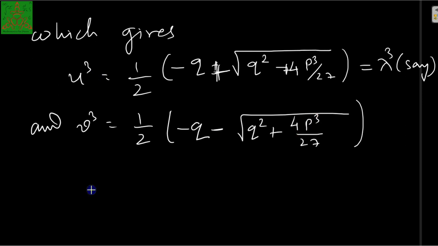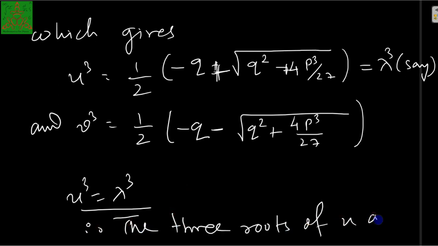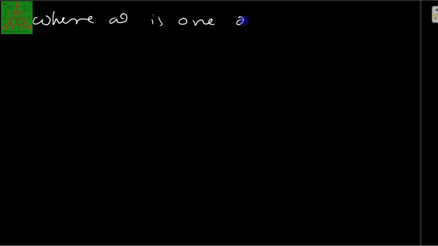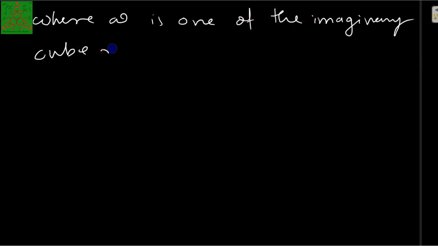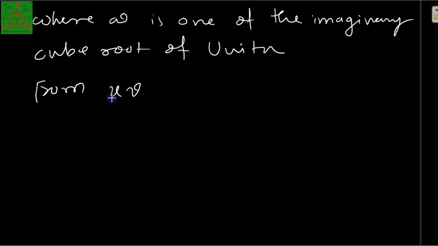So u cube equal to lambda cube will have 3 roots, and we know that by the cube roots of unity we can solve this. So the 3 roots of u are, let's say, lambda, lambda omega and lambda omega square. These are the cube roots of unity, where omega is one of the imaginary cube roots of unity. And from this, u into v is equal to minus p by 3, so we'll have v equal to minus p by 3u.